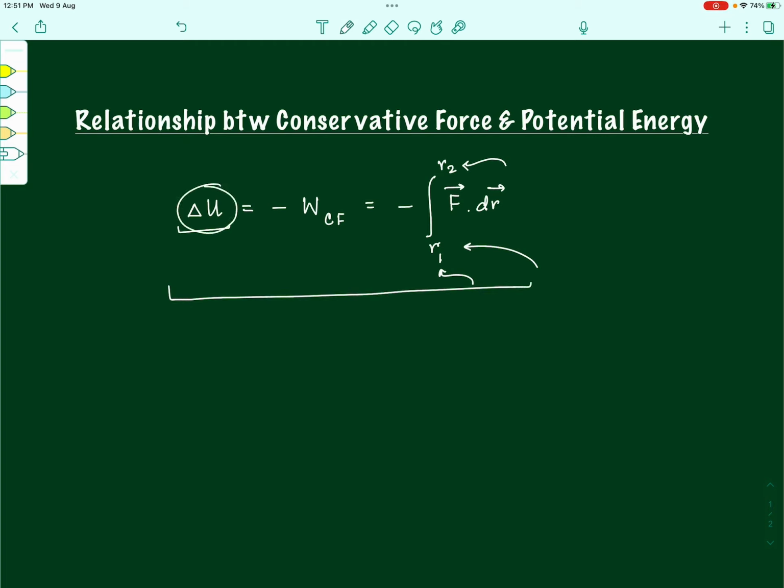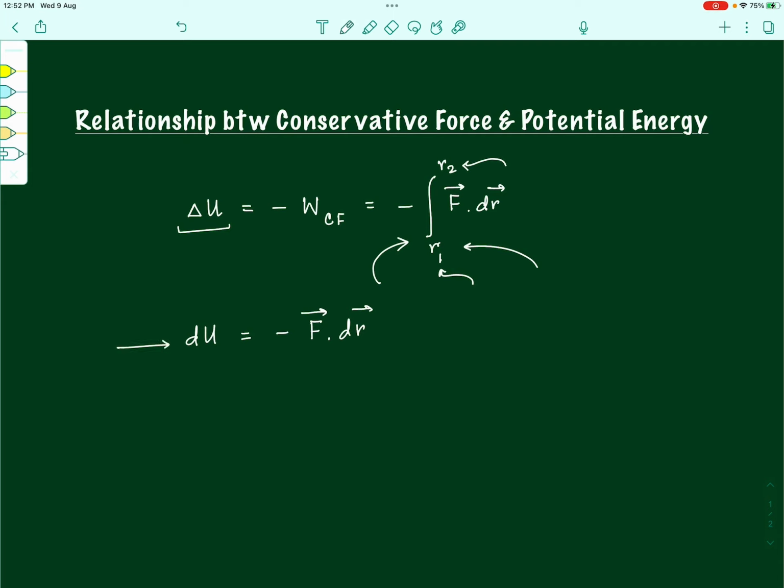Delta U will come down to dU, a very small change in potential energy. dU is equal to, understand that when we try to differentiate this expression, the differentiation will cancel out the integral and we will be left with only minus of F dot dr. So, dU is equal to minus F dot dr.